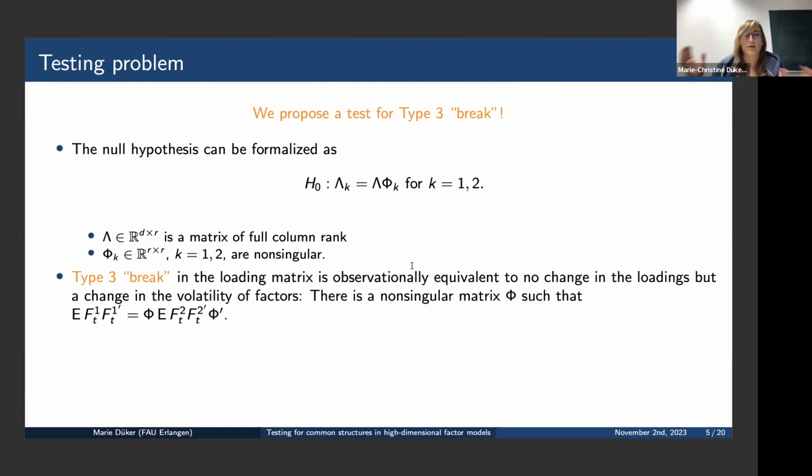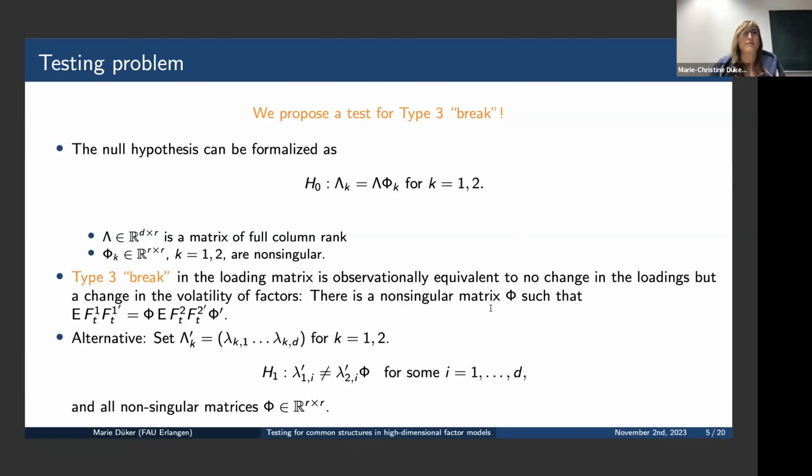Again, we know that the type 3 break has this nice property that it's observationally equivalent to having a change by a non-singular matrix phi, or a transformation by a non-singular matrix phi in the volatility of the factors. And again, we are assuming that the phi k are non-singular, so that we have this kind of rotational change.